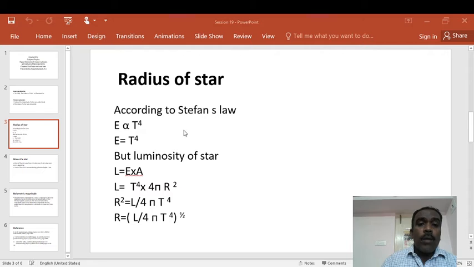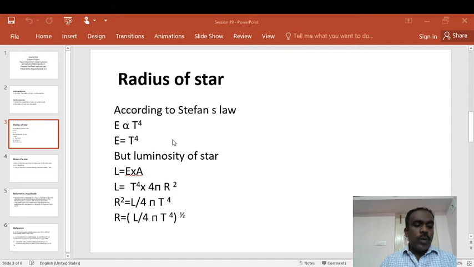Then the total amount of energy radiated per second for the entire surface is called luminosity. Now let us calculate the luminosity. What is the luminosity of a star? From the energy radiated per second per unit area, the luminosity can be calculated.